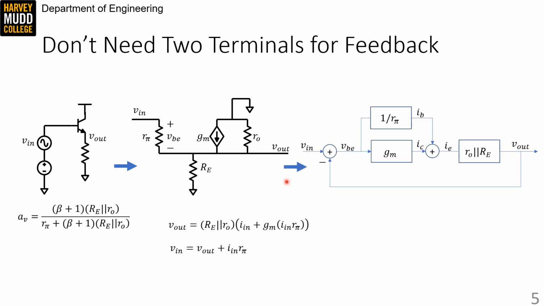However, we can also express that calculation using a block diagram. Here, the difference between V in and V out is labeled as VBE. VBE generates 2 currents, one in a GM generator and one in R pi, which is just the same as this expression. Those currents add together and get driven through some resistances to create V out, which is this multiplication.